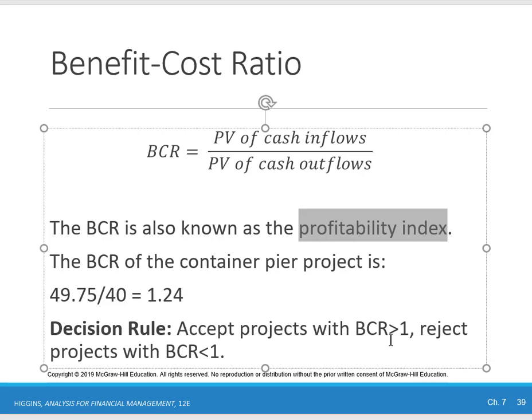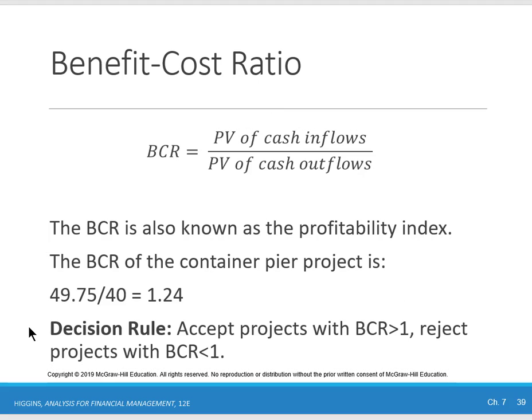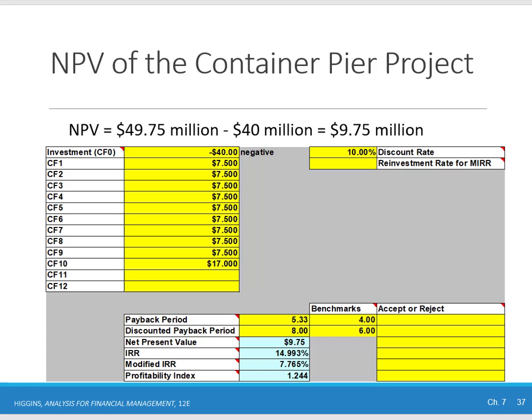Again, you accept projects where the benefit, the present value of the cash inflows, is greater than the cost. This is a strict cost-benefit ratio analysis. Greater than 1, you accept. Less than 1, you reject. So if we look back here to our example, here we find our answer. The profitability index is 1.24.